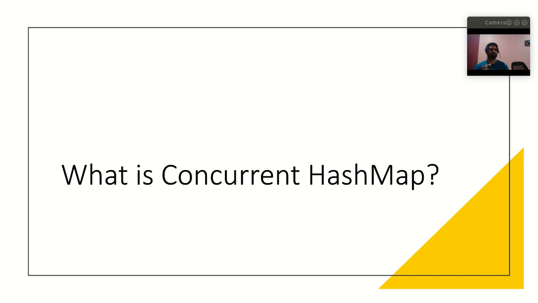Let's say another thread comes and tries to update that particular array list. Then there may be a chance that we will get an exception, the concurrent modification exception.